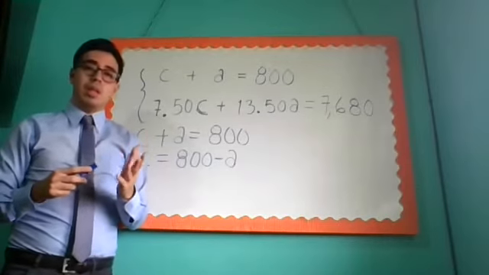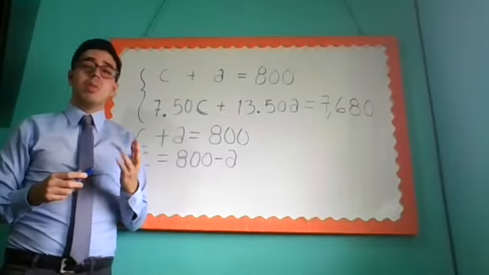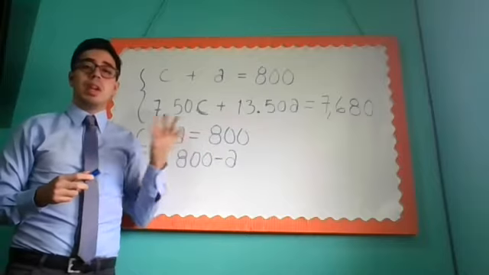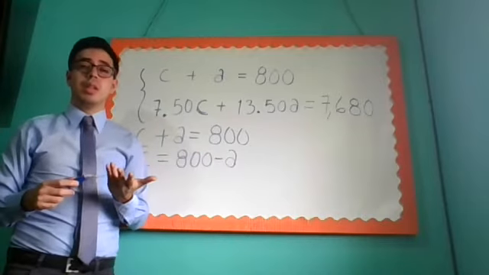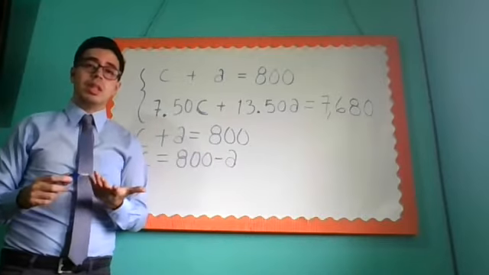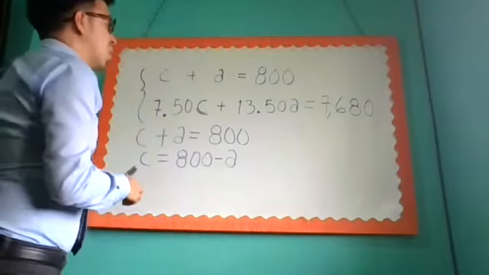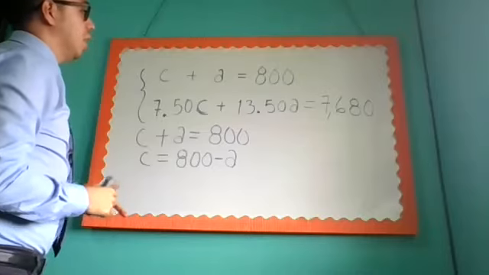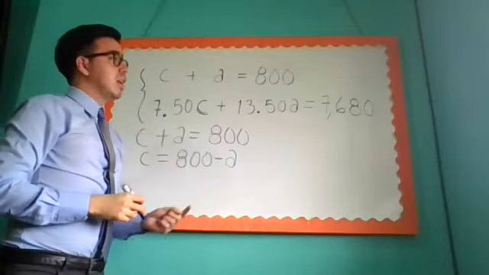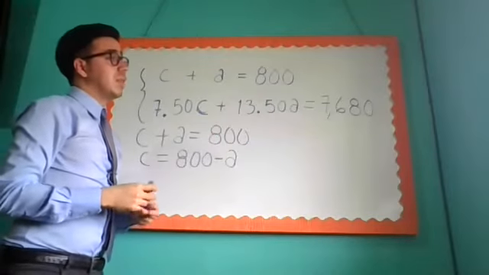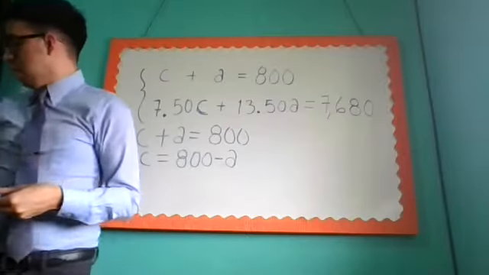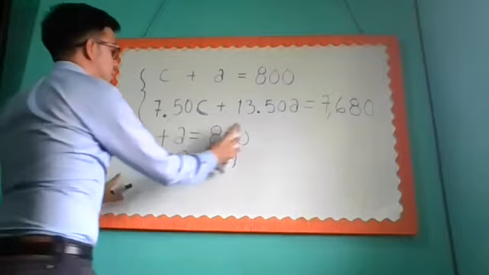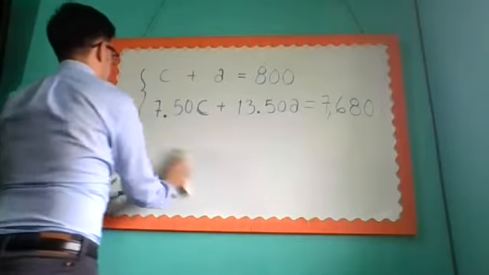I'm looking for a way to work with only one variable, so we can solve first for one of them, and later we use the value that we obtain to find the other one, okay? This is the idea of this. So if I have the equation 7.50C plus 13.50A equals 7,680, I'm going to erase this part so I can show you.